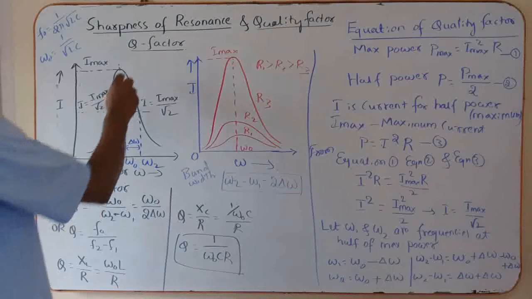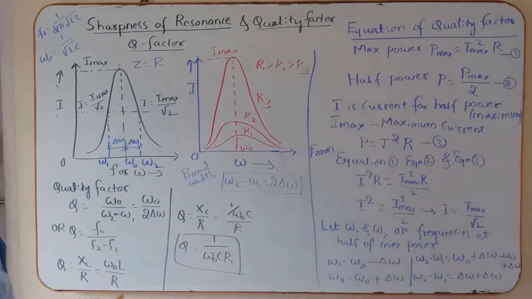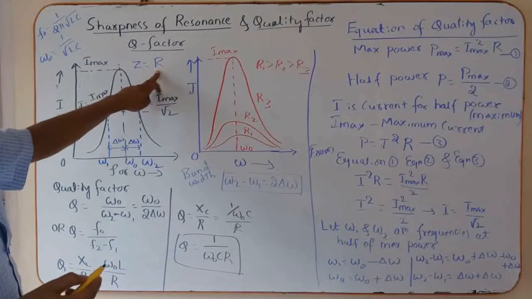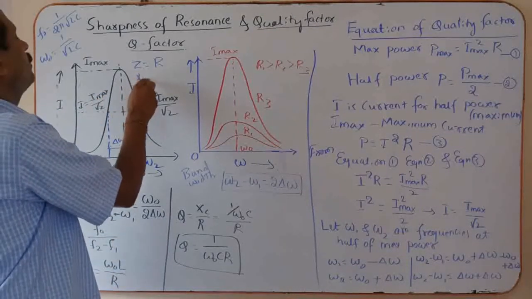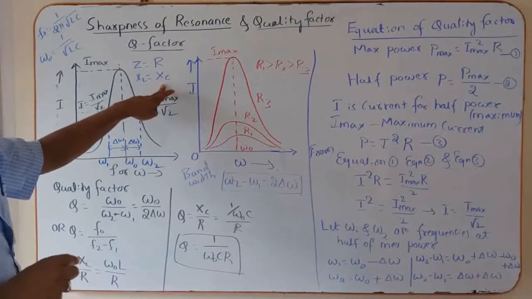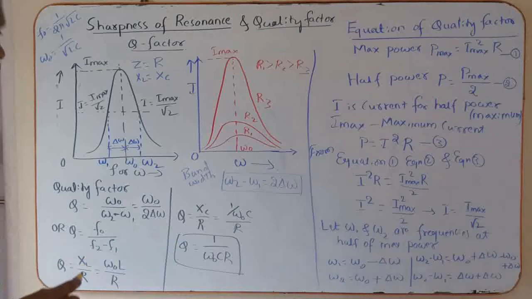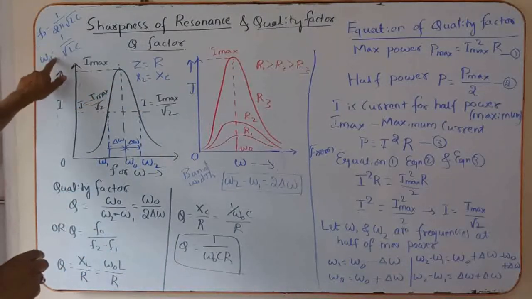At that time, Z is equal to R. Impedance is minimum, and R is equal to Z. At that time, XL is equal to XC, that is, the inductive reactance is equal to the capacitive reactance in the series LCR circuit. Now observe this expression.